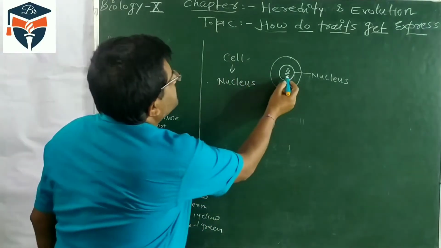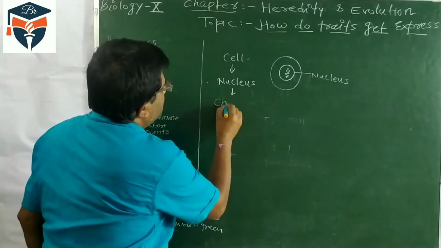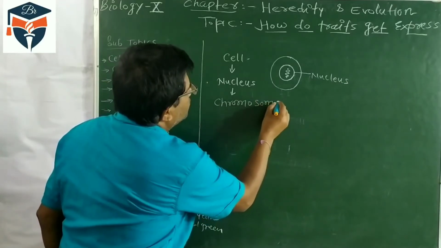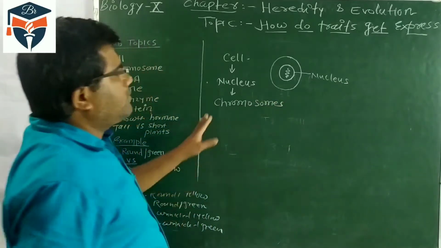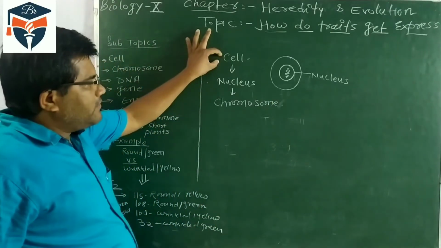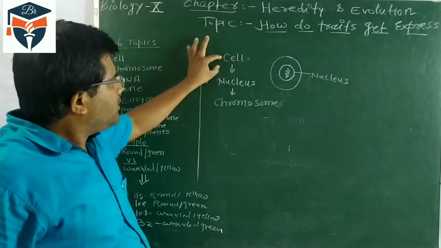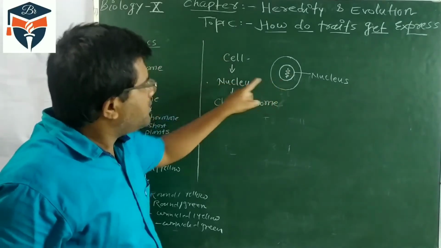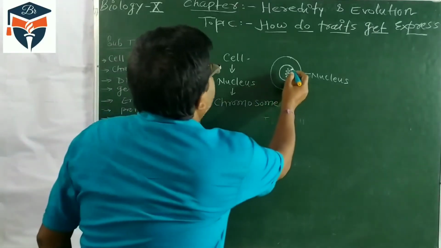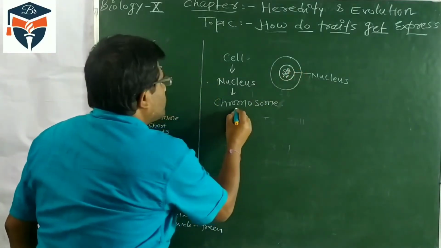This thread-like structure inside the nucleus becomes condensed and forms the chromosome. So the cell is the basic structure, in the cell there is a nucleus, in the nucleus there is a thread-like structure, and this thread-like structure present in the nucleus is a chromosome.